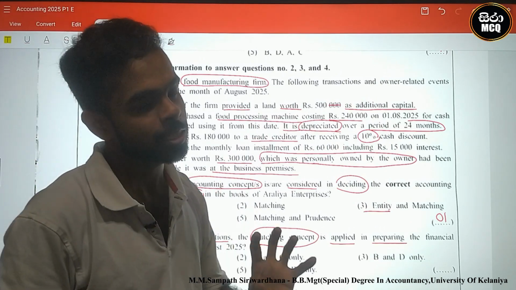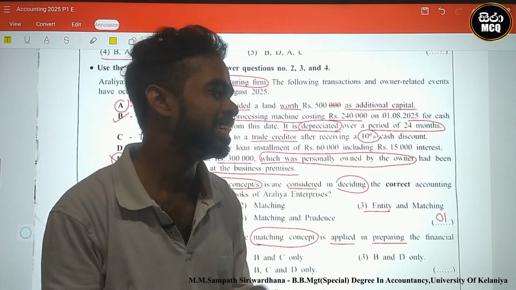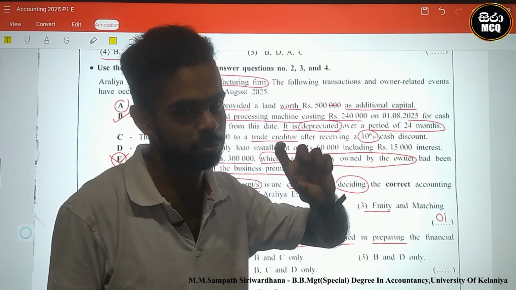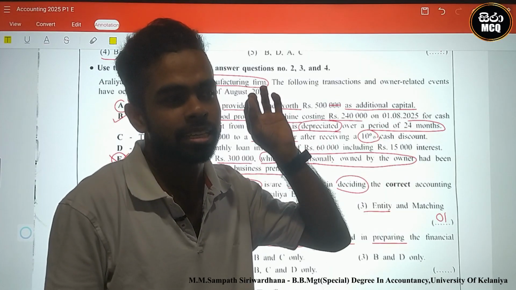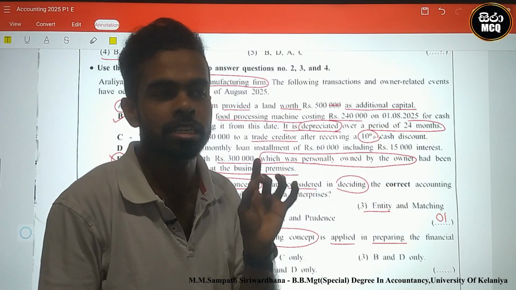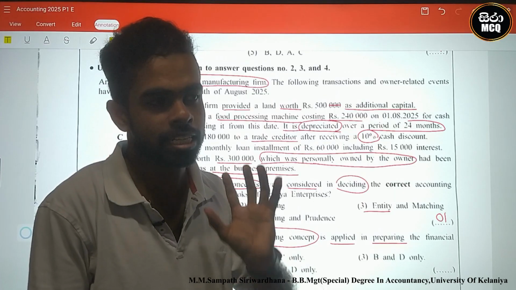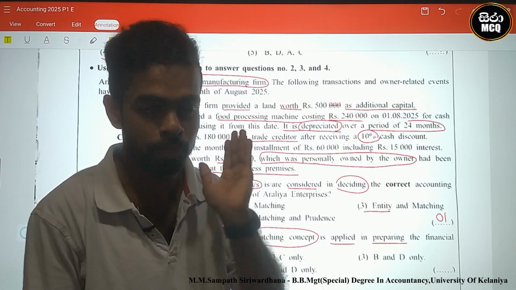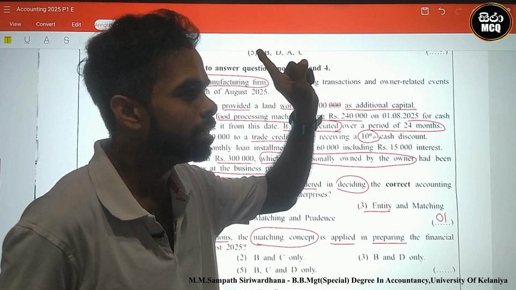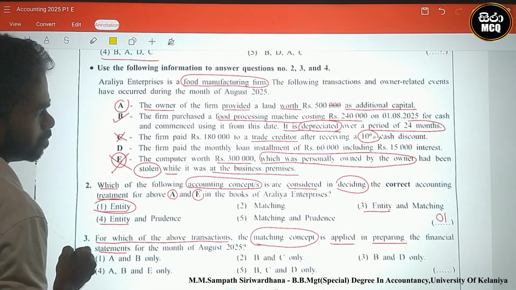Trade creditors relate to discount received. Discount received means income. Cash discount from trade creditors is discount received, not discount allowed. Discount received is income. This is not related to the matching concept. Why? We are finding expenses, and this is discount received. This is not the matching concept.